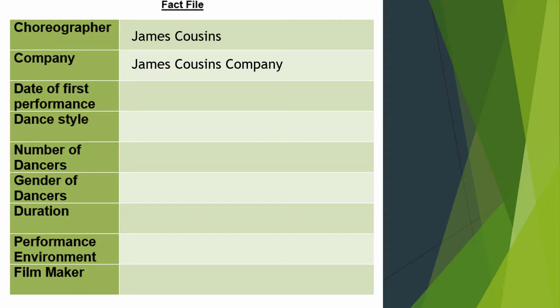The date of the first performance was February 2016, and my little trick to remember that is that obviously this dance is about a love story, so I think of Valentine's Day being in February, just to jog my memory.